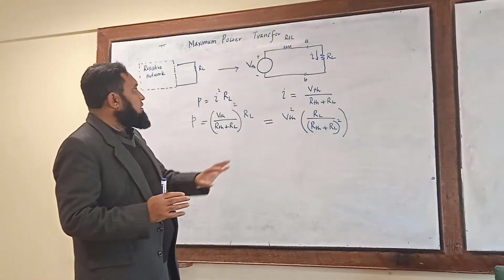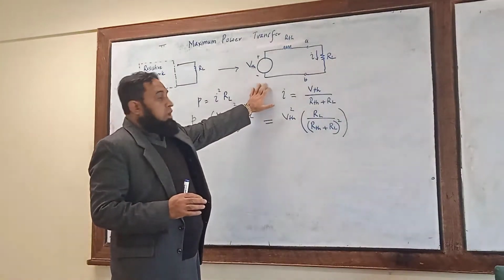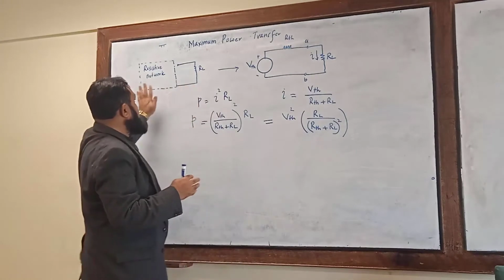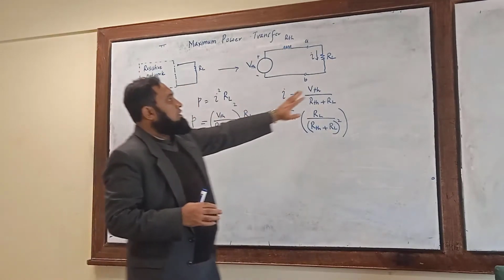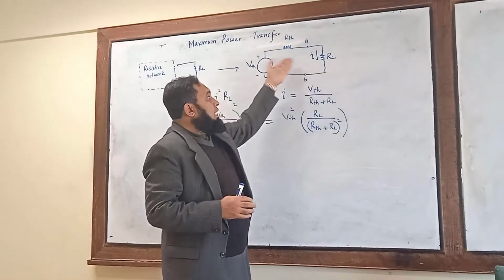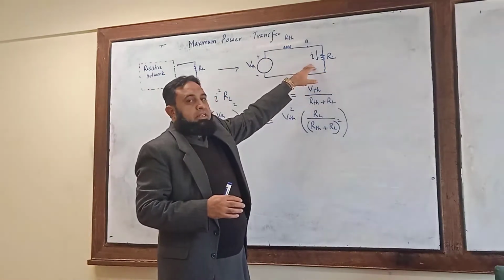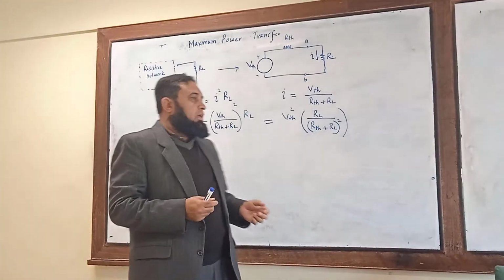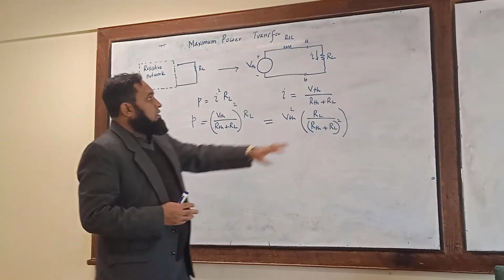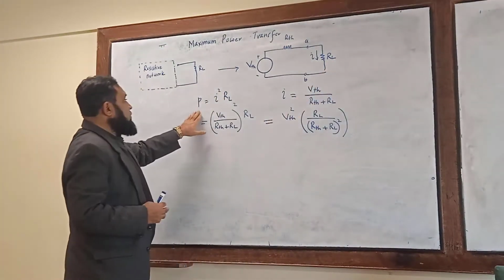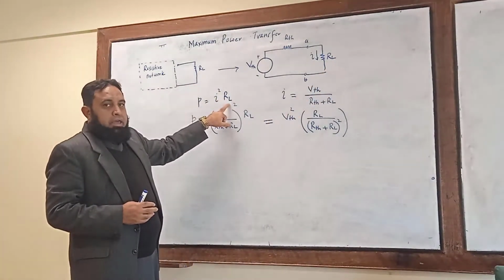So let's consider a circuit, and we have the Thevenin voltage and Thevenin resistance, which has been obtained from this resistor network, and this is connected to a load resistance RL. Let's assume that the current flowing in this network is I. So the power dissipated in this load is equal to I square RL.